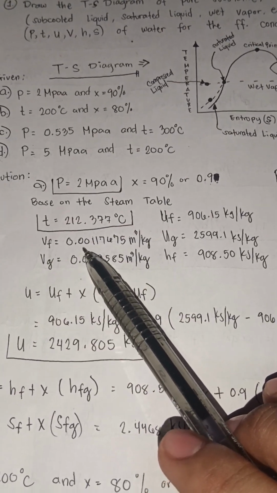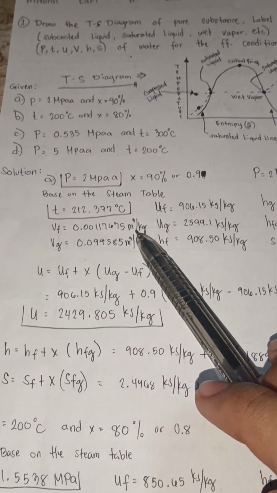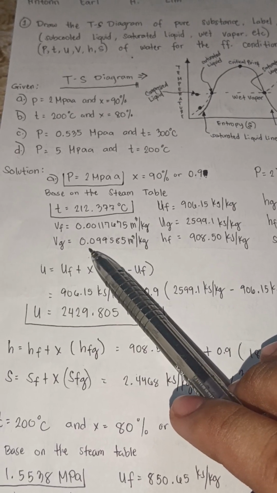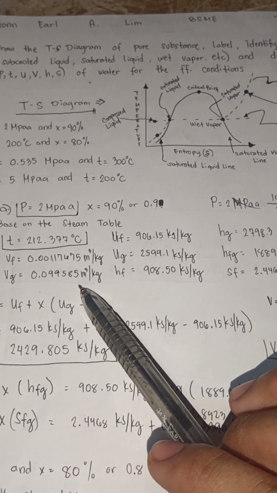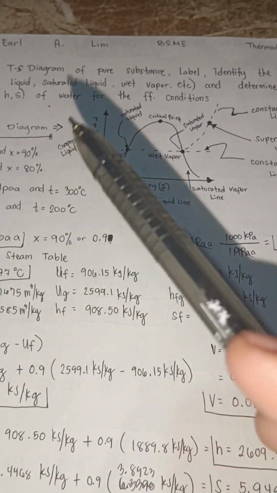Vf is equal to 0.0117675 cubic meter per kilogram, Vg is equal to 0.0998 cubic meter per kilogram.